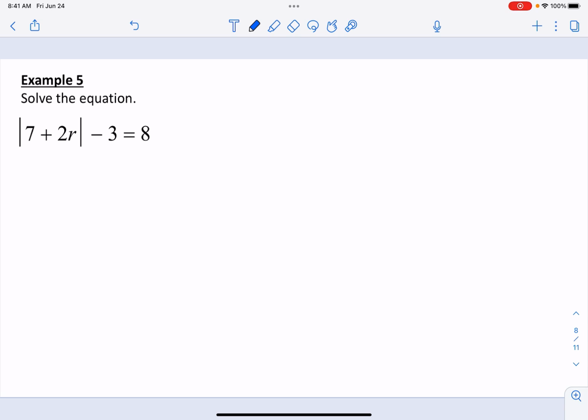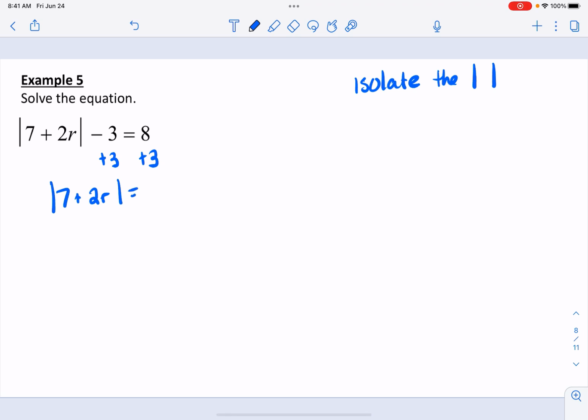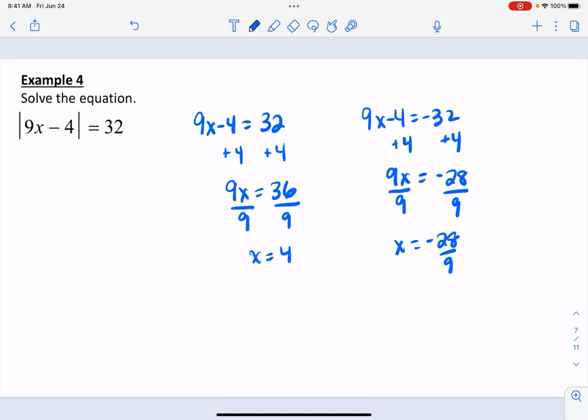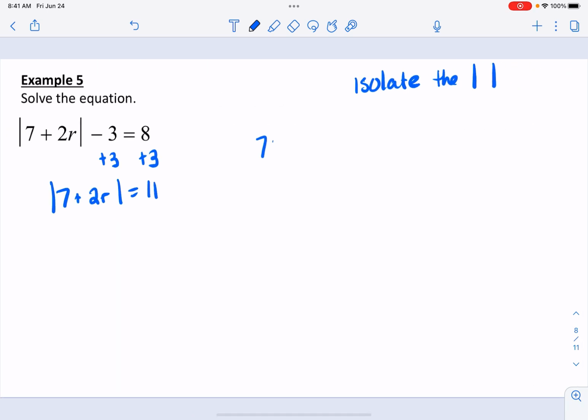Okay, so we have to isolate the absolute value sign. That means I need to first add 3. Before I do anything, I have to add 3 to both sides, and I get 11. Now that my absolute value is standing alone equal to a number, I do 7 plus 2r equals 11, and 7 plus 2r equals negative 11.